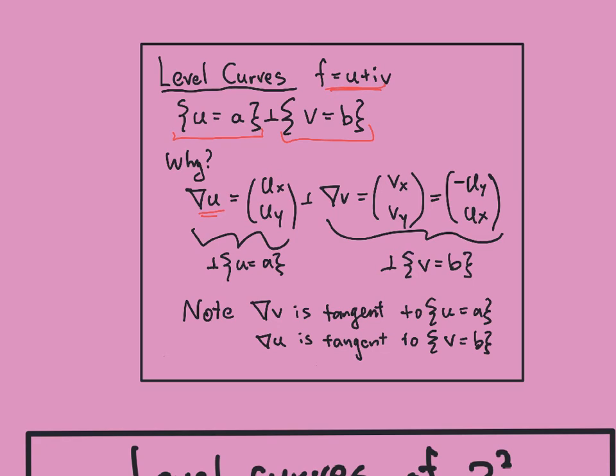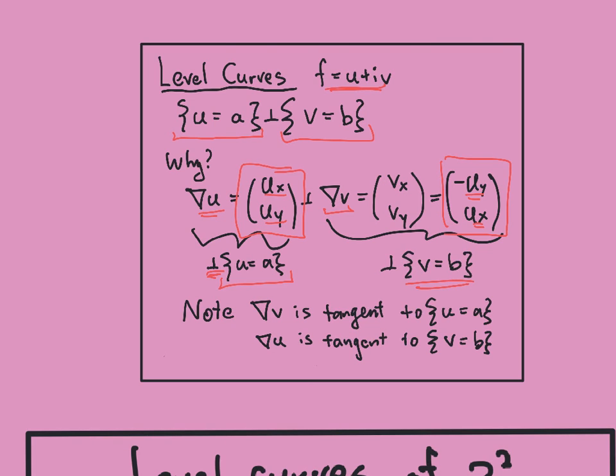Well, the gradient of u is going to be orthogonal to its level curve, and the gradient of v will be orthogonal to its level curve, but then you can just use the Cauchy-Riemann equations to show that (ux, uy) is orthogonal to (-uy, ux).